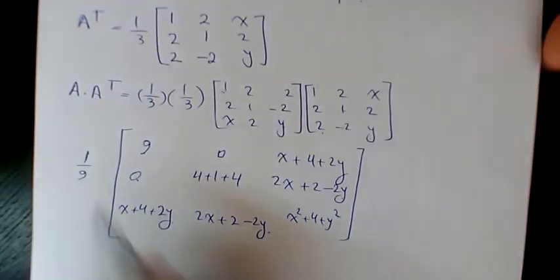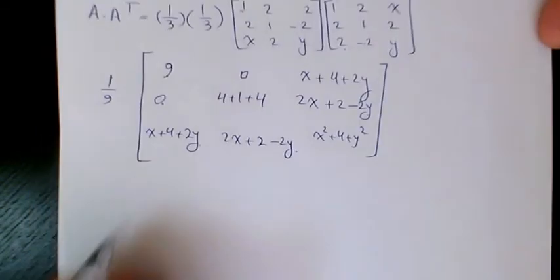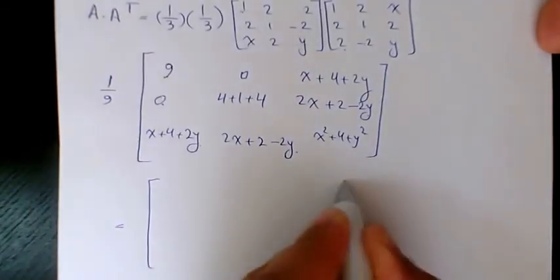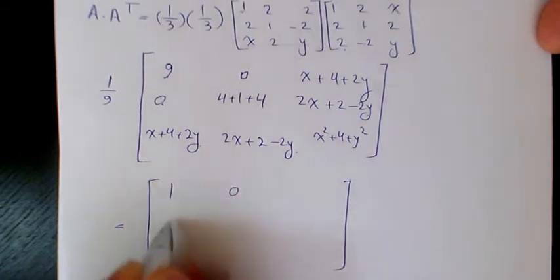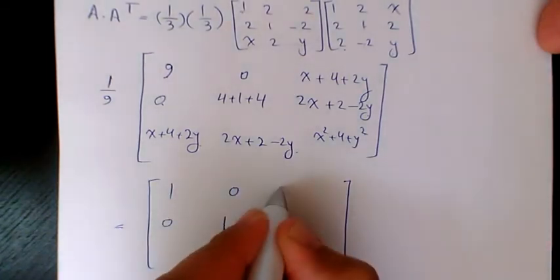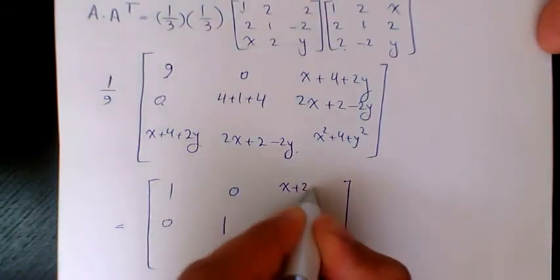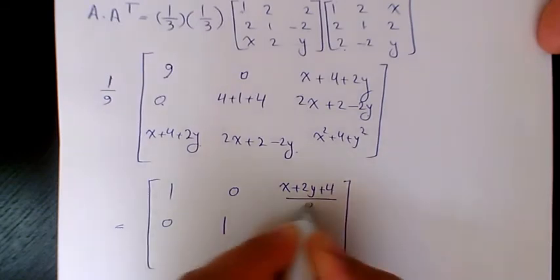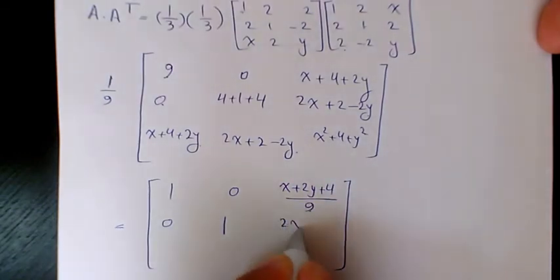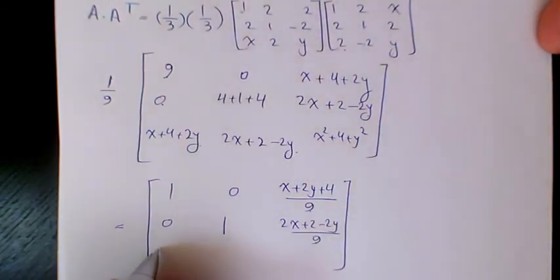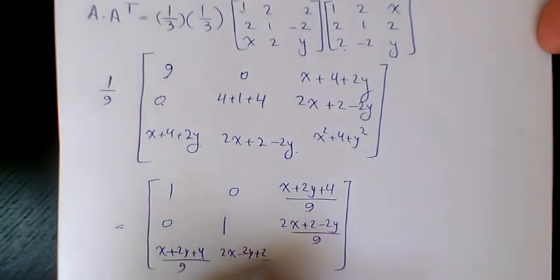When you apply the 1 over 9, that's going to be 1, 0, 0, 1, (x plus 2y plus 4) divided by 9, (2x plus 2 minus 2y) divided by 9, (x plus 2y plus 4) divided by 9, (2x minus 2y plus 2) divided by 9, (x squared plus y squared plus 4) divided by 9.